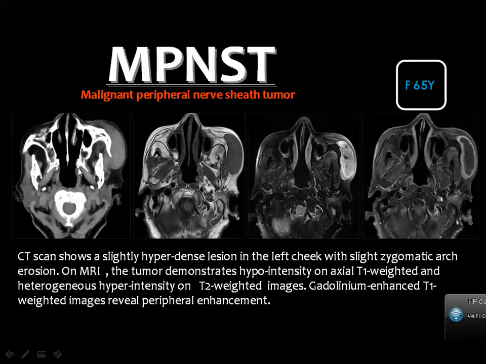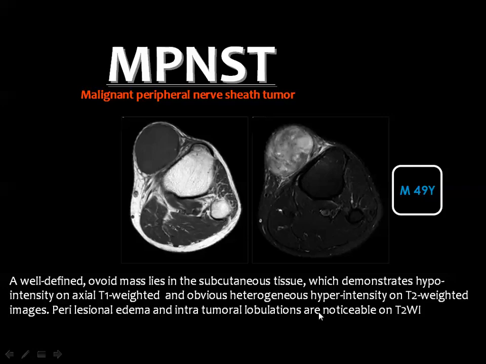This is a lesion related to the zygoma on the left side in this female patient. It shows some hyperdensity in the CT scan, low signal in the T1, high signal in the T2, and peripheral post-contrast enhancement. This lesion is not suggestive of a specific entity, but it was proved to be a malignant peripheral nerve sheath tumor.